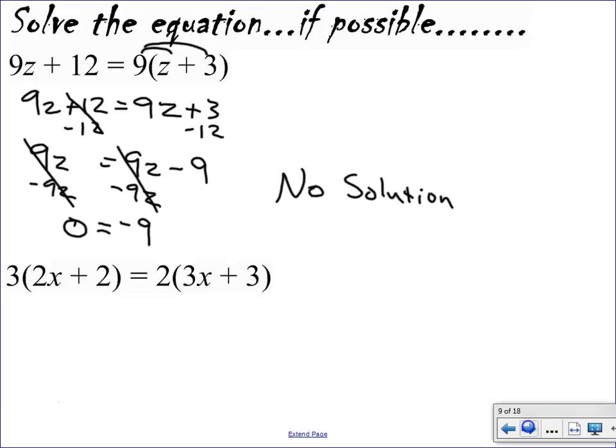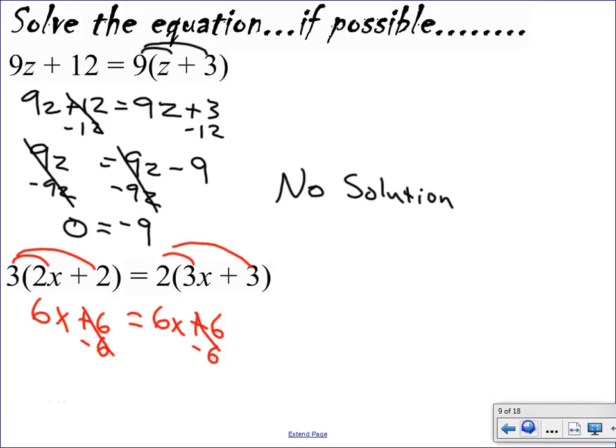If we take a look at the bottom one, combine like terms we can't, so we distribute. Okay, so we get 6x plus 6 equal to 6x plus 6. And right now you see something strange. It's the same on both sides. So if we were to continue solving for x, that's going to cancel out. Get x terms alone on one side. And that's going to cancel out.